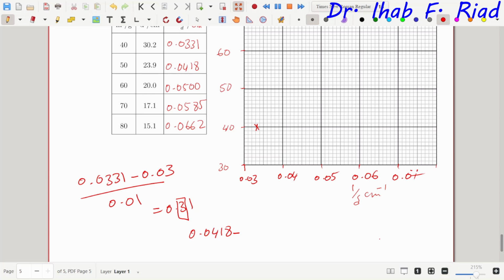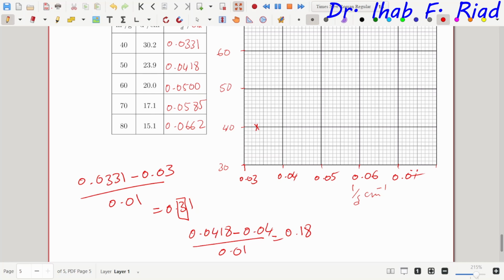0.0418 minus 0.04 divided by 0.01. It is 0.18.